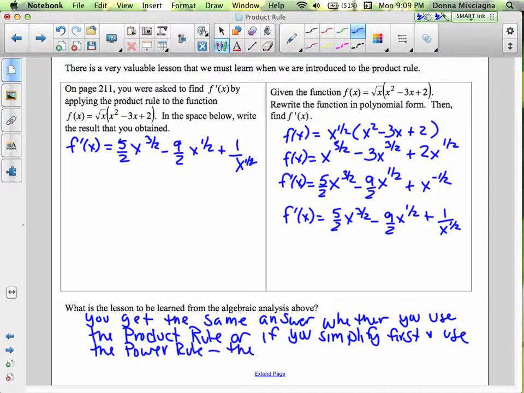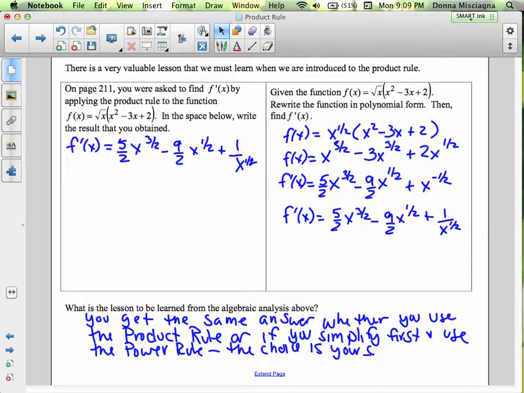So the choice is yours on those. That one was a little easier, I think, using simplifying, but the other ones were easier using the product rule, and then we had others we couldn't use anything but the product rule.